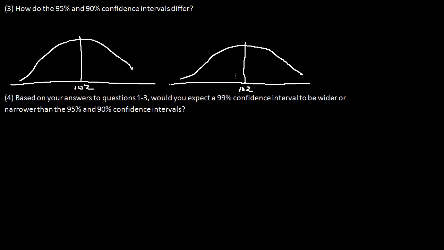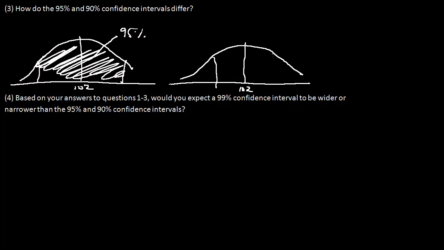It's talking about the same population, and the population mean is the same. The point estimate is 102, but the 95% confidence interval means we're talking about all the means in this region, while the 90% confidence interval means we're talking about only the means in this region.